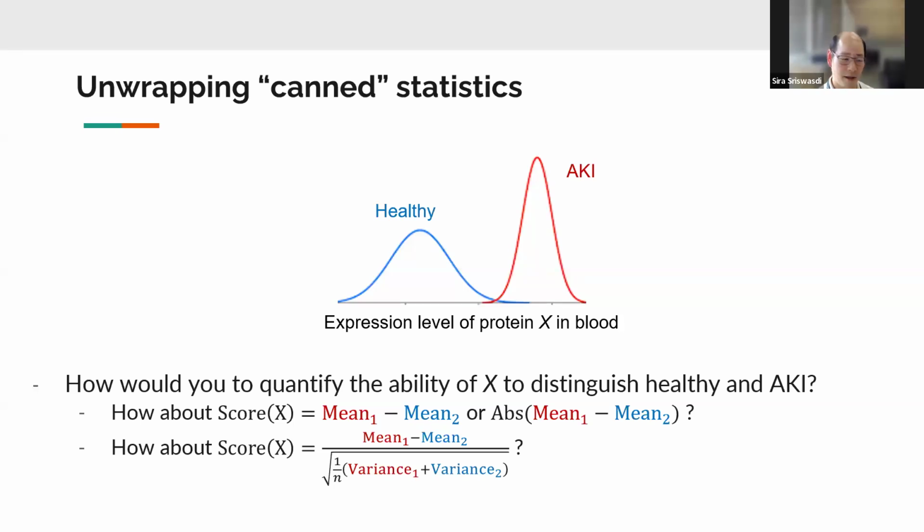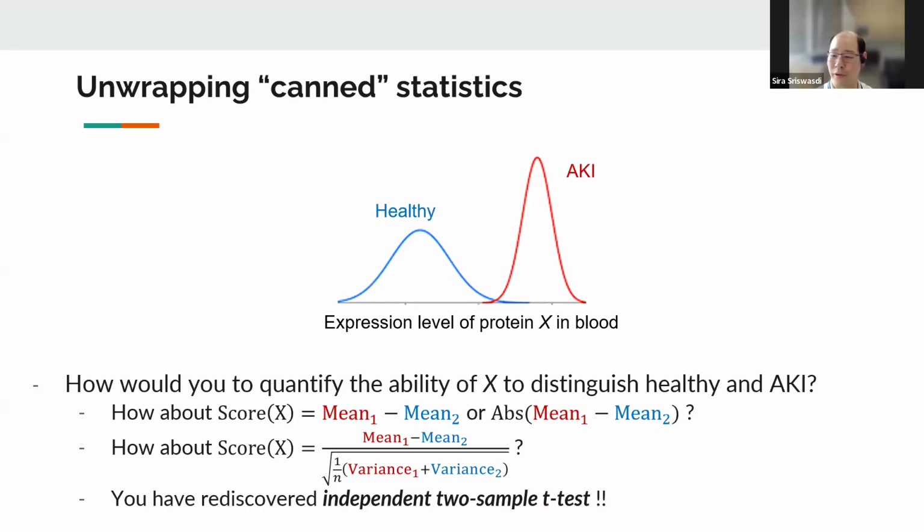So this new score captures both the difference between the average expression and also the variability, or variance, of the expression. If you like the second score, then this is actually the score that is calculated inside the independent two-sample t-test.